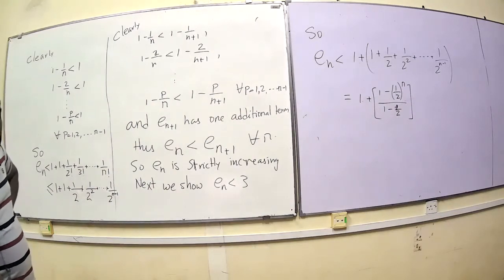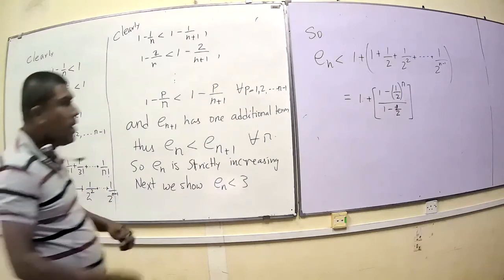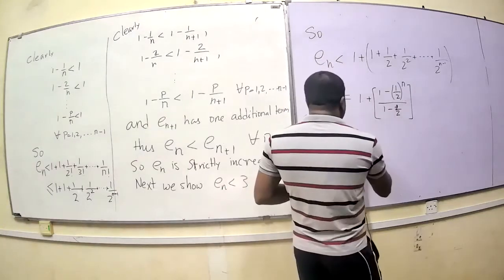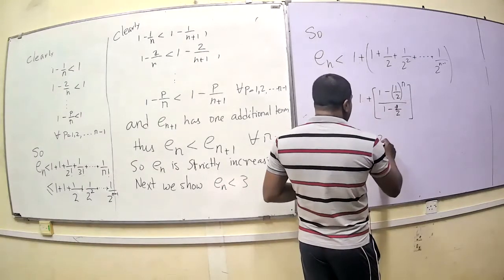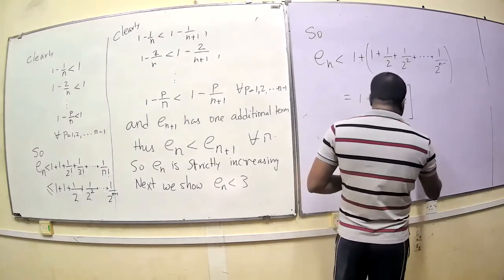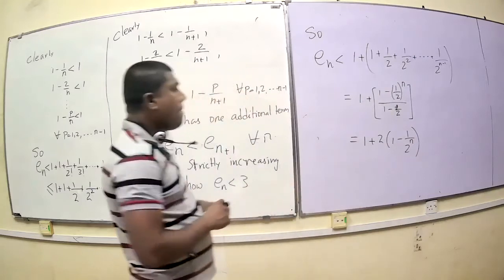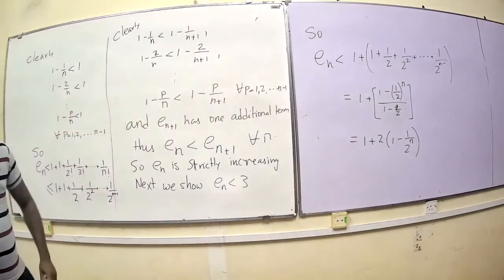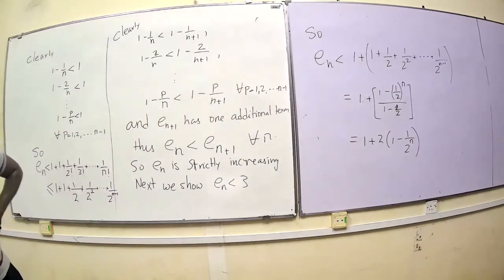So if you simplify this, this is 2 times 1 minus 1 over 2 to the power n. So this is 1 plus 2 times 1 minus 1 over 2 to the power n.